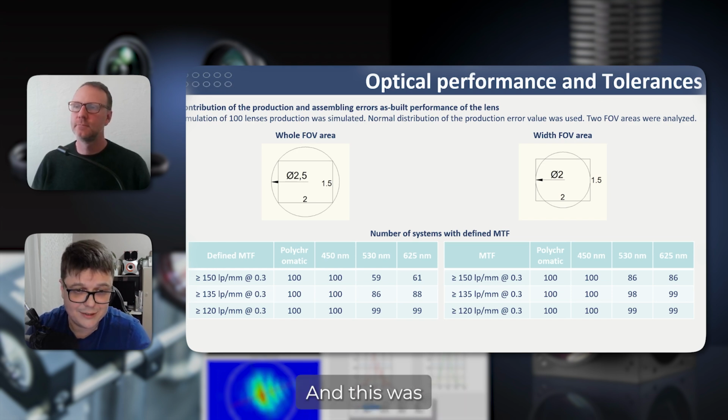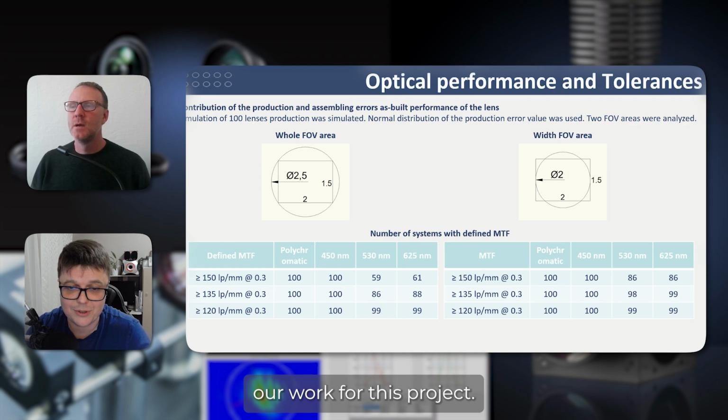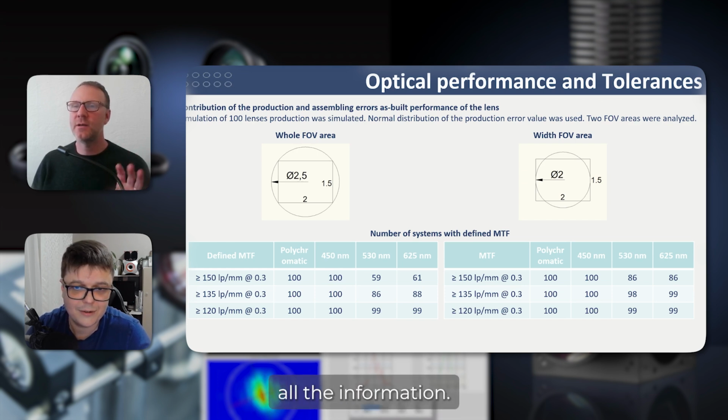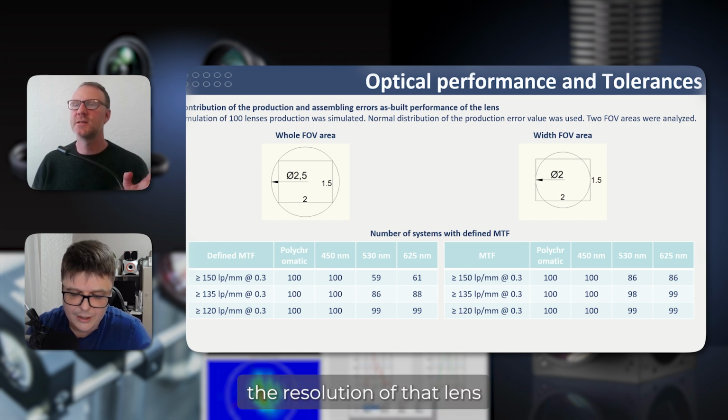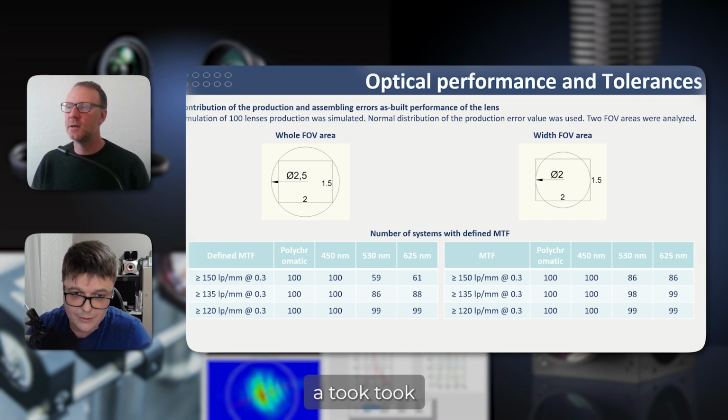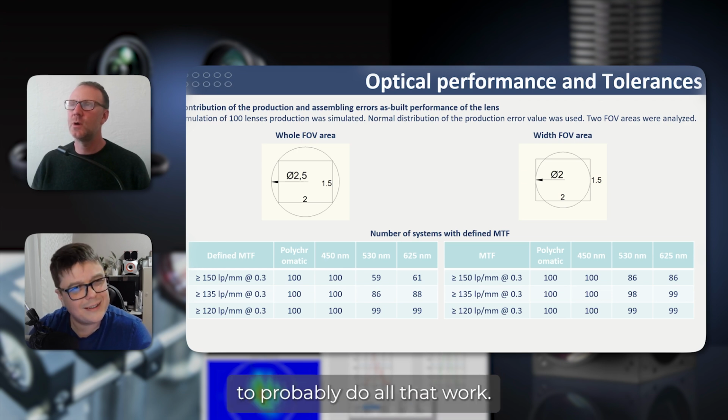This was our work for this project. So you didn't just put this in and Zemax spat out all the information. You had to go into each of those 100 lenses and check the resolution at different wavelengths. It probably took a lot of time.